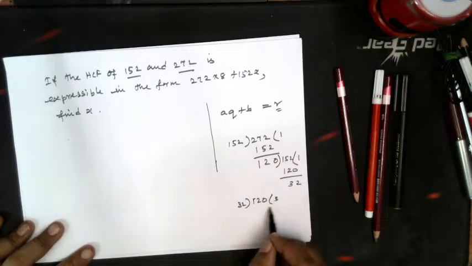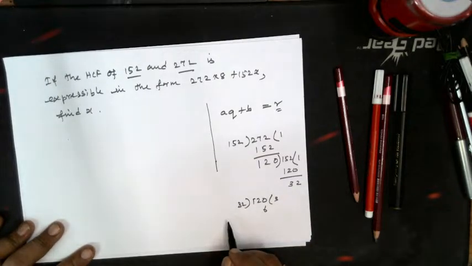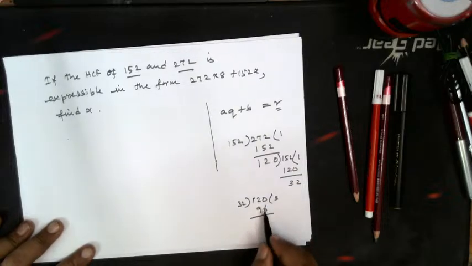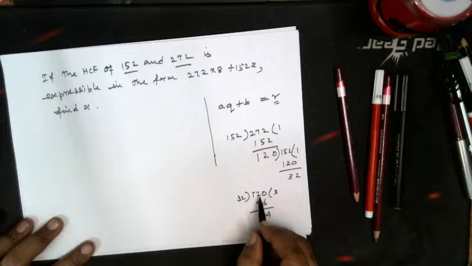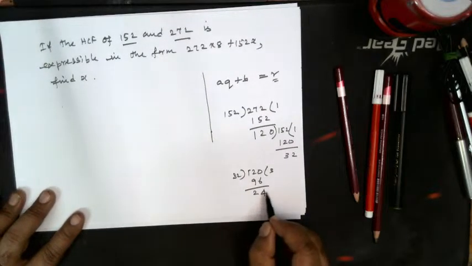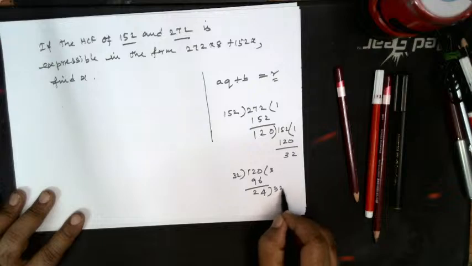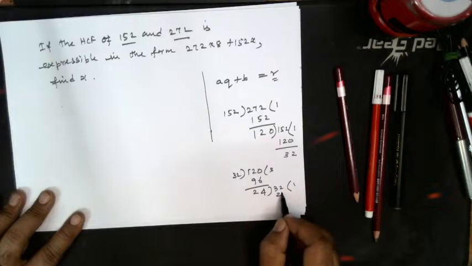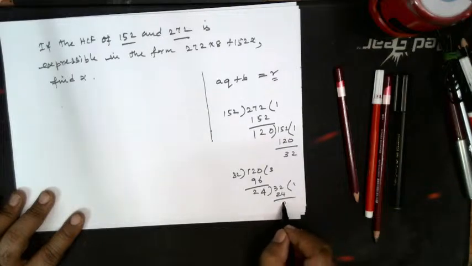3 times 6, then 3 times 9, 96, and 4 here, how much? 11 minus 9, 2. So 32. Bring it here. How many times? One time, so 24. 8.